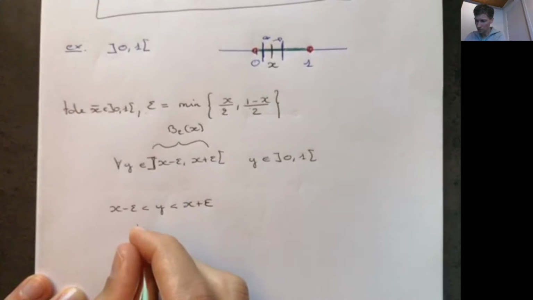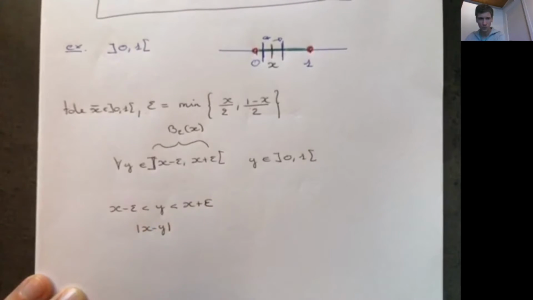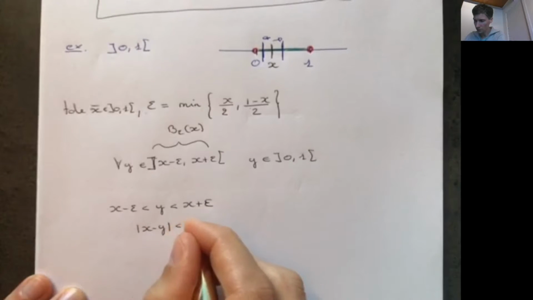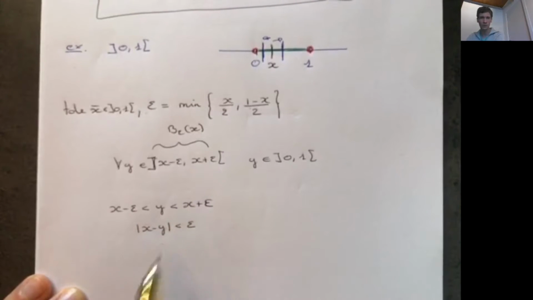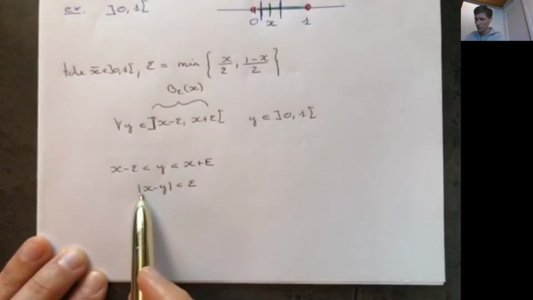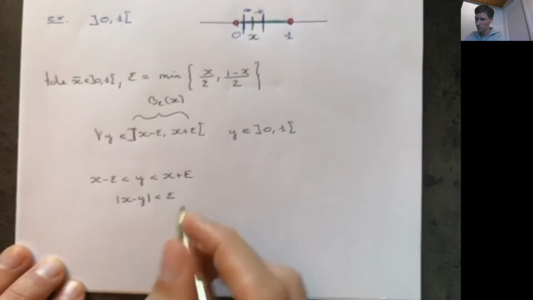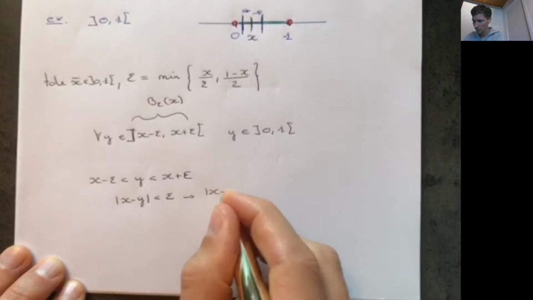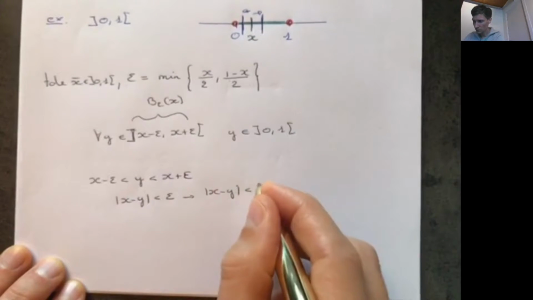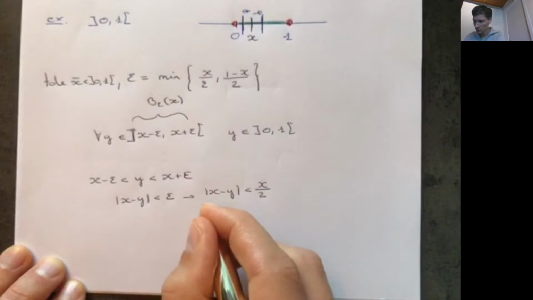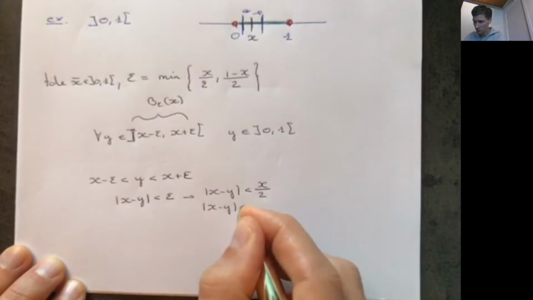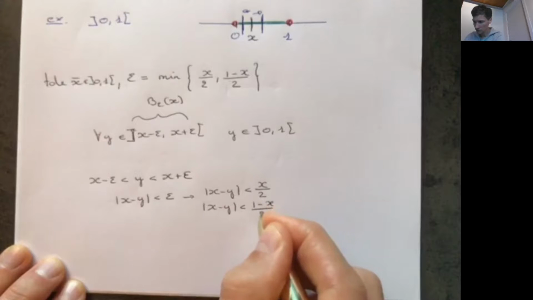Or in other words, you can rewrite this in different ways. The absolute value of x minus y is smaller than epsilon. Maybe this is the easiest way. So if |x minus y| is smaller than epsilon, and epsilon is the minimum of these two, then I know that |x minus y| is smaller than x over 2, and smaller than (1 minus x) over 2.